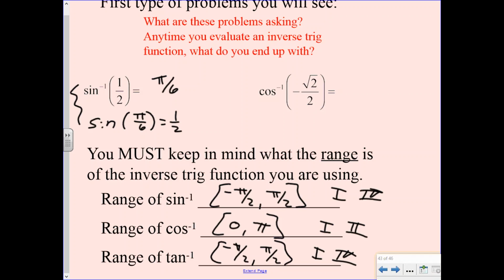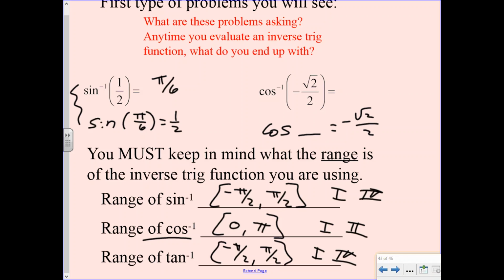Cosine inverse of negative root 2 over 2. So we look at this and say, okay, the range of inverse cosine is between 0 and pi. So the way to think about it is, at what angle measure in radians is the cosine equal to negative root 2 over 2?